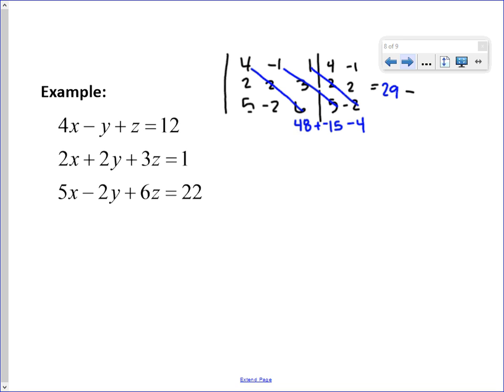Yell at me if you see a math error on my part. Negative 26. 55.